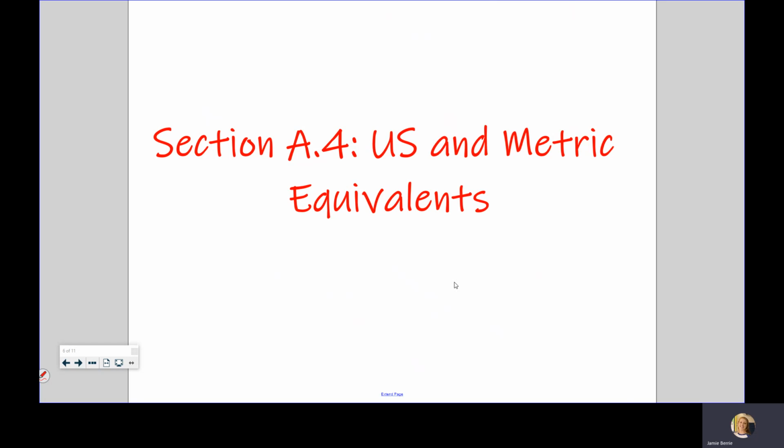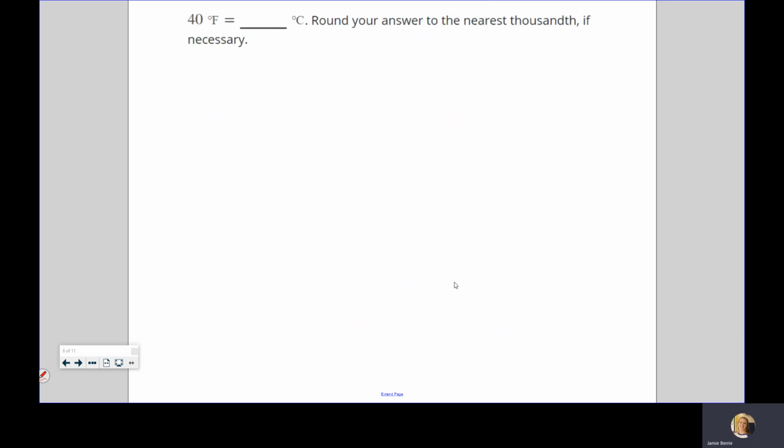So you'll see stuff in here like kilograms to pounds, maybe like miles to meters. Ounces to grams. I'll try to remember which ones I liked here. I know I put one like this on the test. This would be number 1 from this section.